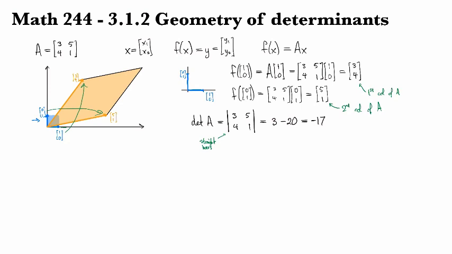And so the area of this orange guy here is 17 times bigger than the blue square. So the area of the orange is 17 times the area of the blue.